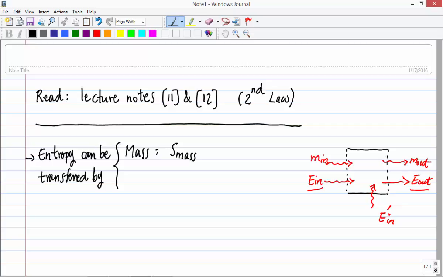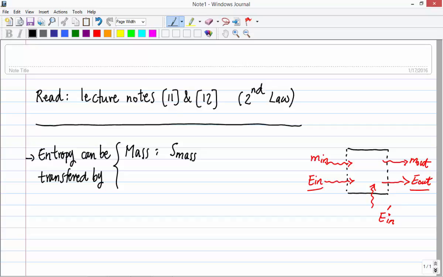Besides mass, carrying E in and E out, if we add energy through the boundaries as heat, then the velocity of these molecules will increase, right? So the probability that they collide would increase.